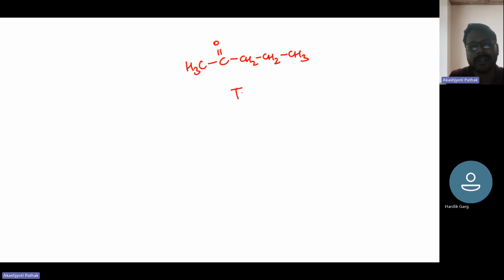If you record the TOCSY for this molecule and label these protons A, B, C, D, then in the TOCSY spectrum we will find that A is coupled to B, so we get a cross peak for A and B, and also a cross peak for A and C. But you will not get any cross peak between A and D, because the CH2 group is replaced by this ketone, and this prevents the coupling from getting transferred to this CH3. So you will get a separate peak for this one.